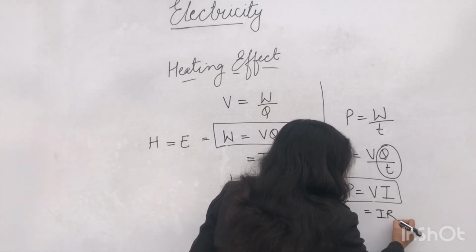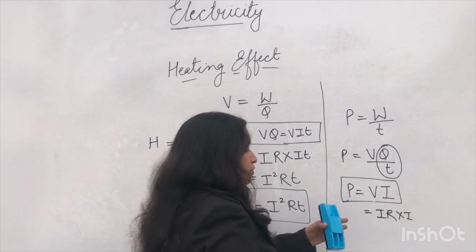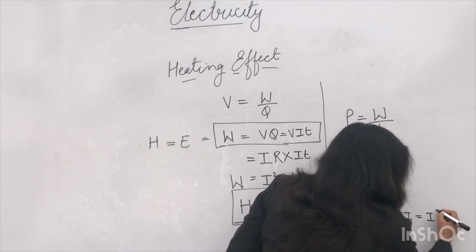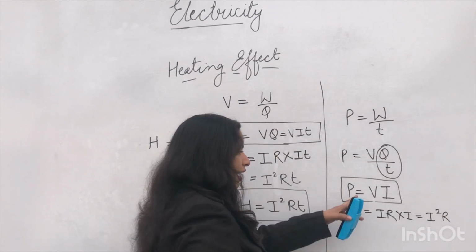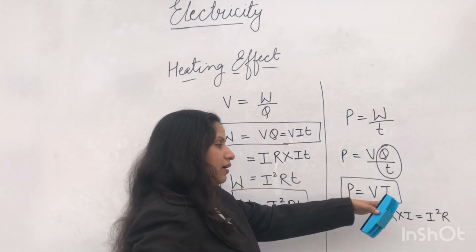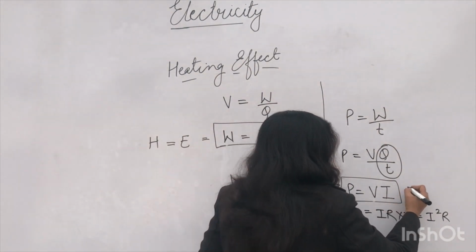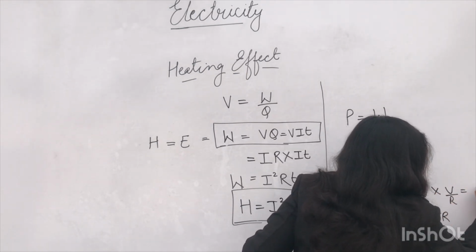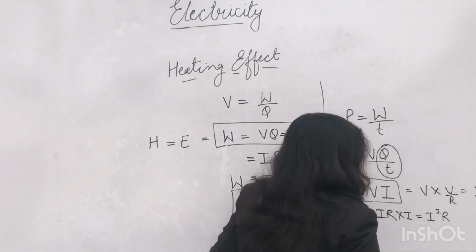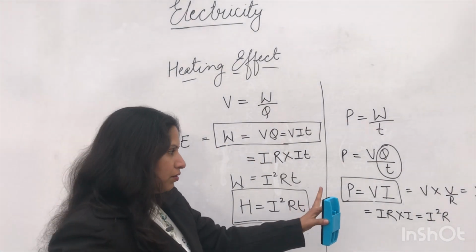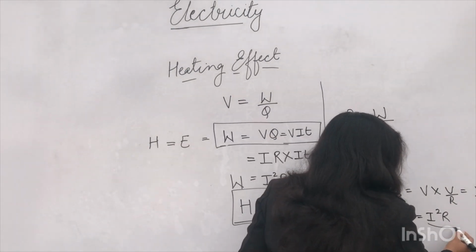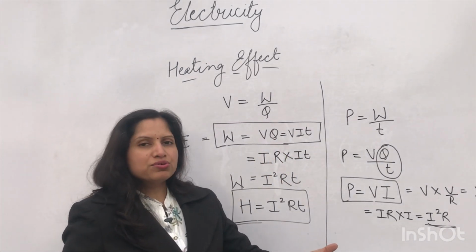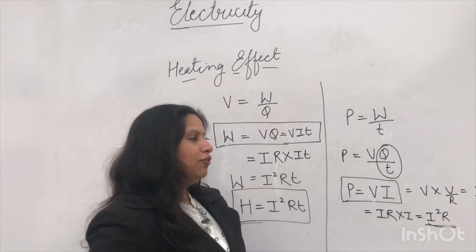In case potential difference is not given and only current and resistance are given, we can use P equals VI with V equals IR, so we get the formula I square R. If V is given and R is given but I is not given, we can replace I with V upon R, so we get the formula V square upon R. So for power we have three formulas: P equals VI, P equals I square R, P equals V square upon R. Depending on what values are given in the question, we can apply the formula.